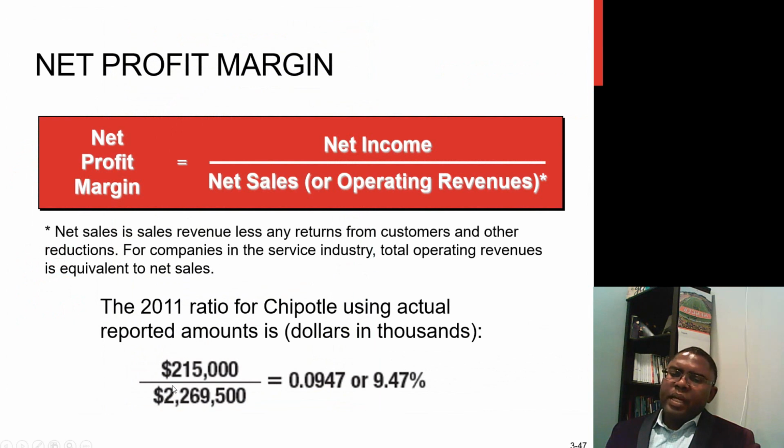So when we bring it here, 215 divided by 2.2, we end up with 9.47%. So that will be the net profit margin. The higher the net profit margin, the better for the company. It suggests that the company is doing well profit-wise.